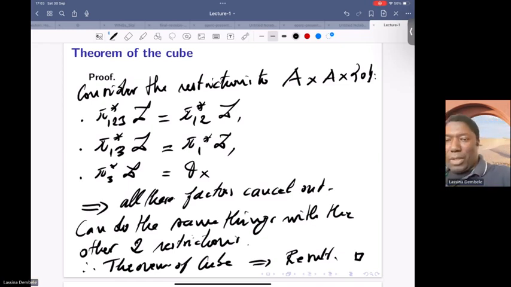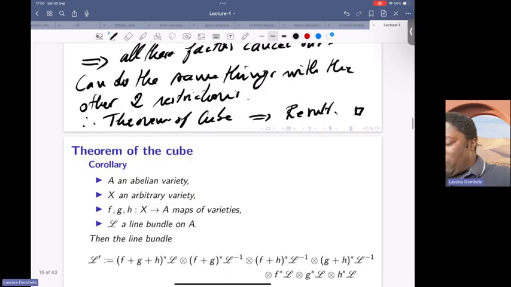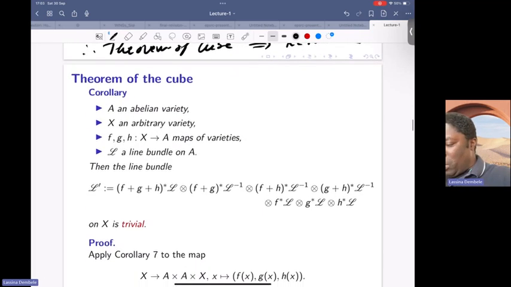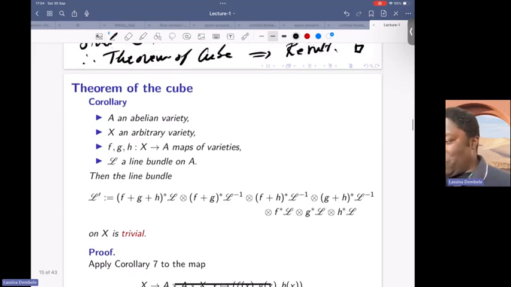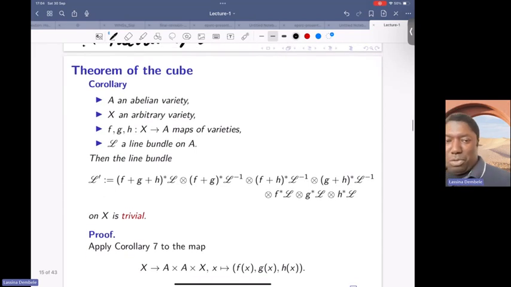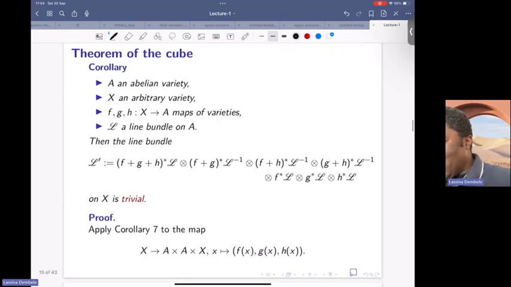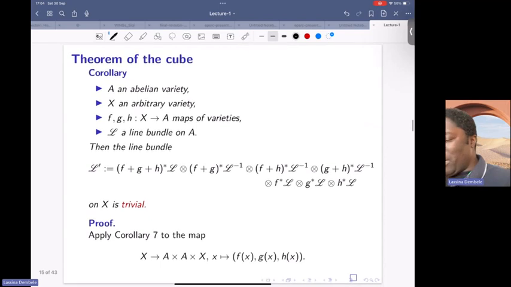Okay. So we are going to apply this result to the torsion subgroup a bit later, but here is an immediate corollary of this result, which is the following.